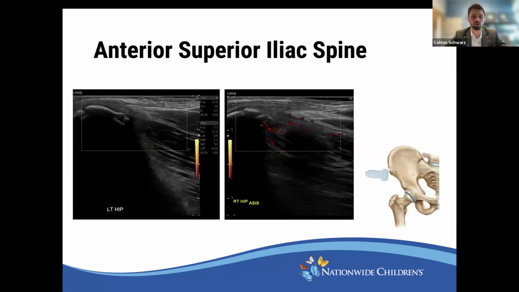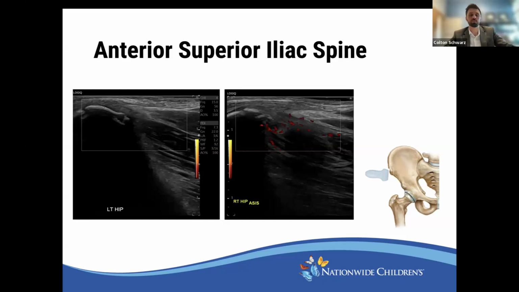The apophysis along the left hip on the left side of the screen has a smoother contour with minimal cortical irregularity. Also, you're not seeing any signal on power Doppler. This is in contrast to the right hip where you see a lot of fragmentation of the apophysis with an avulsed fragment and surrounding hyperemia, which is indicative of an acute non-displaced or minimally displaced apophyseal avulsion fracture.